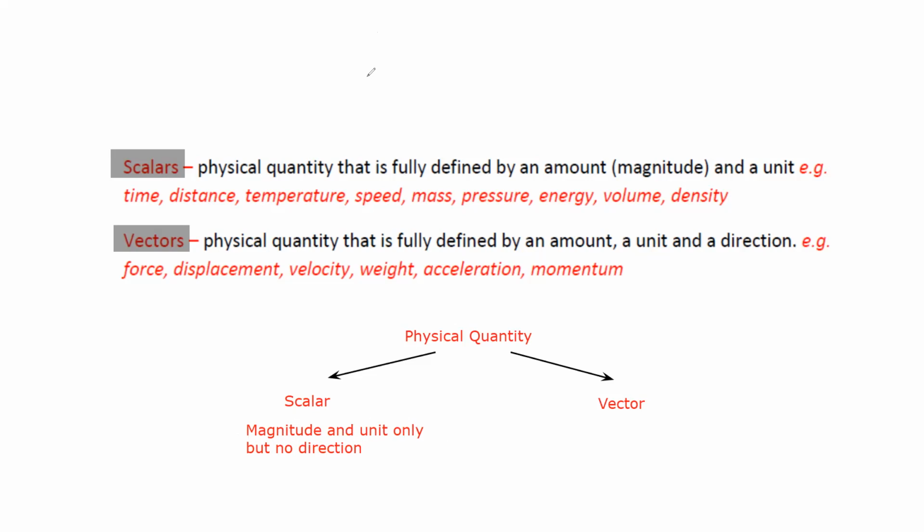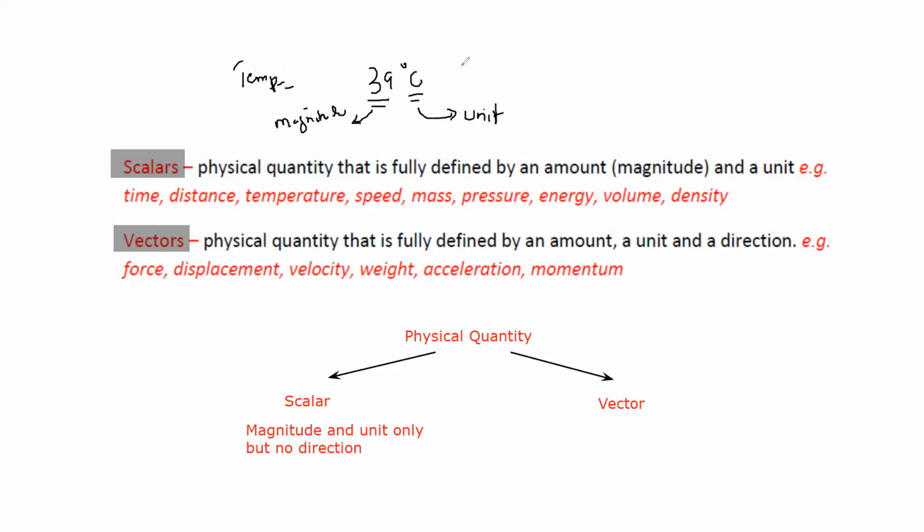For example, if I say today's temperature is 39 degrees centigrade, what is this 39 representing? This 39 is the magnitude value, and the degree centigrade or Celsius is a unit. But we don't mention a direction.